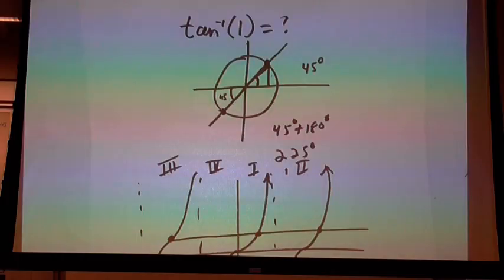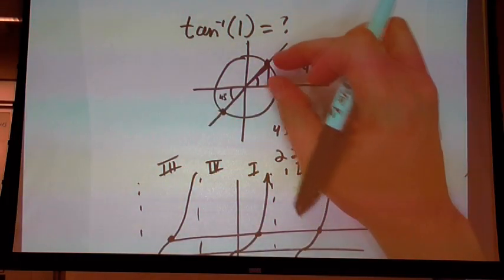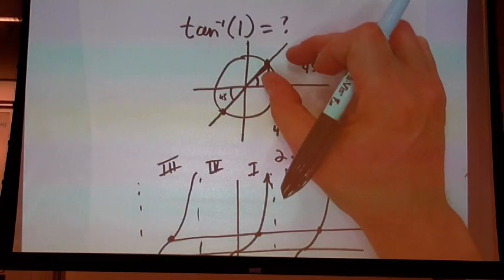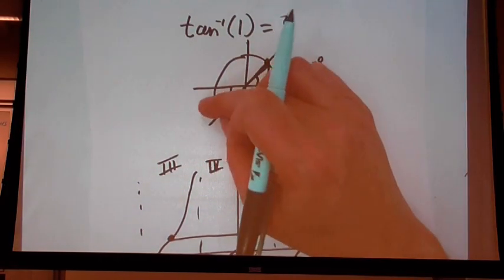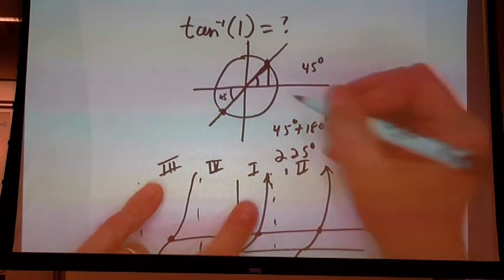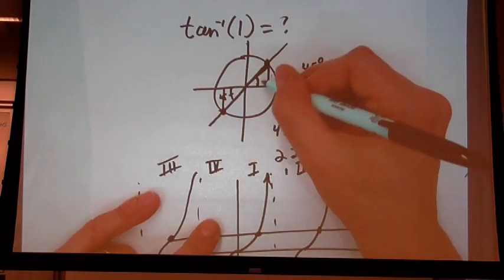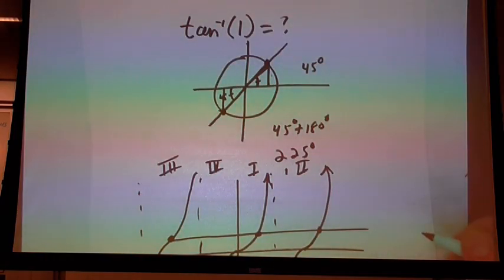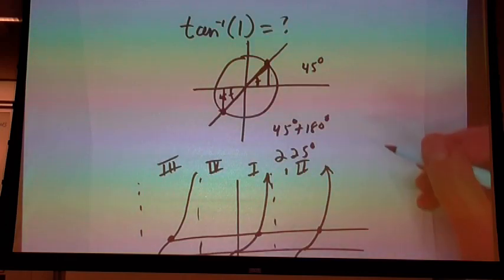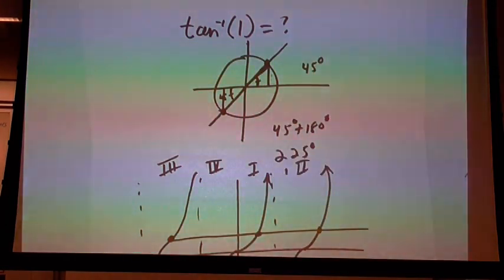Basically, anything in the first quadrant you find for the tangent, you'll find the same value in the third quadrant. These angles are the same by vertical angles. Remember vertical angles? So these ratios are going to be the same. The sine over the cosine is always going to be the same.